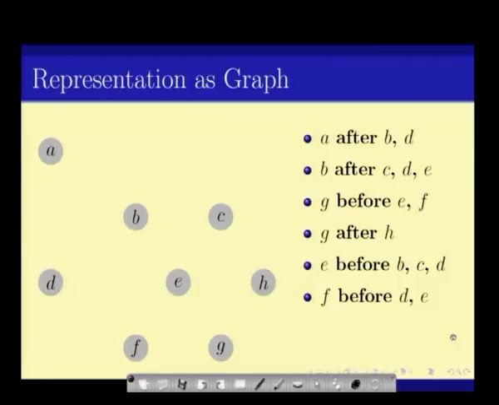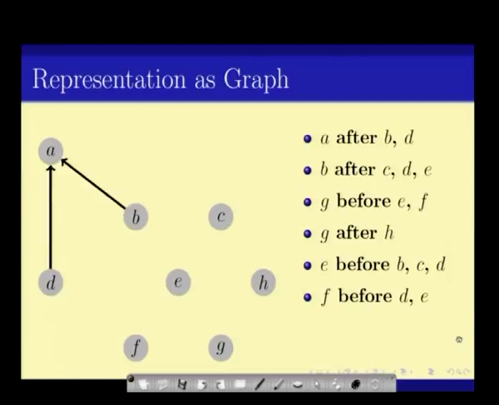Here is a very interesting representation in the form of a graph. For each of the jobs, we make a node, say A, B, C, D, E, F, G, H. Now, let us see. We have written the set of rules.